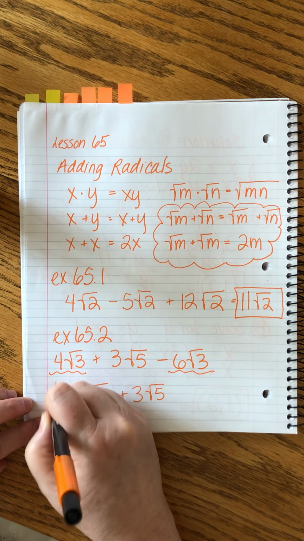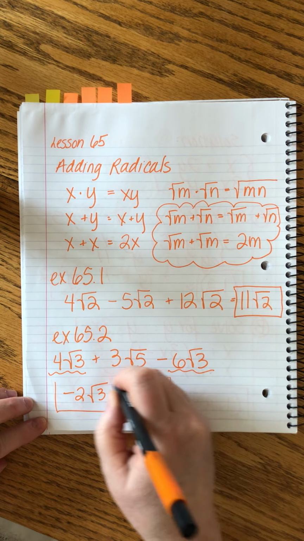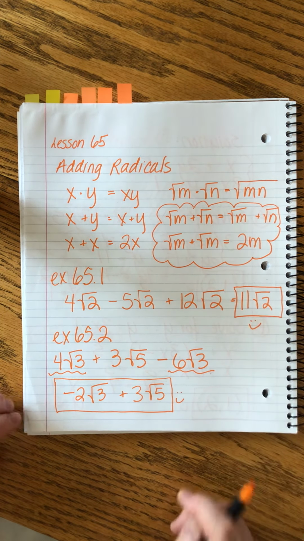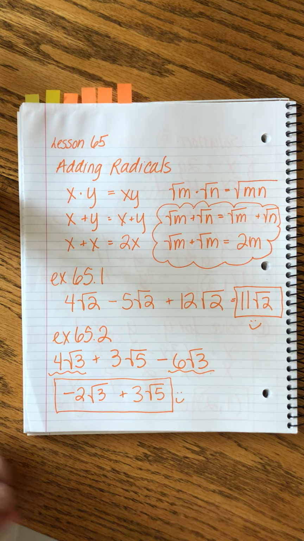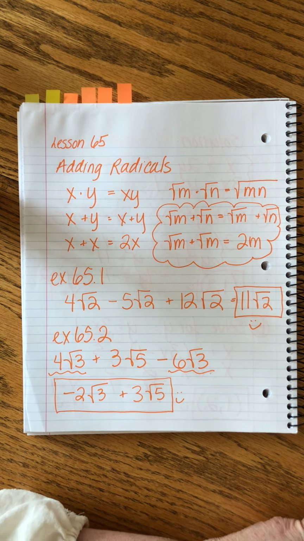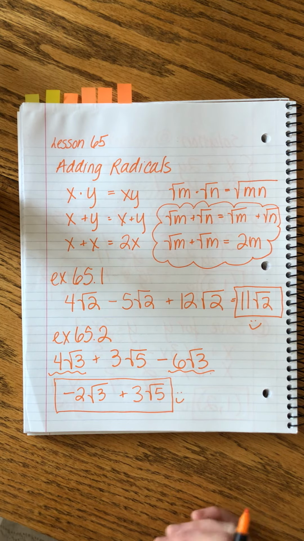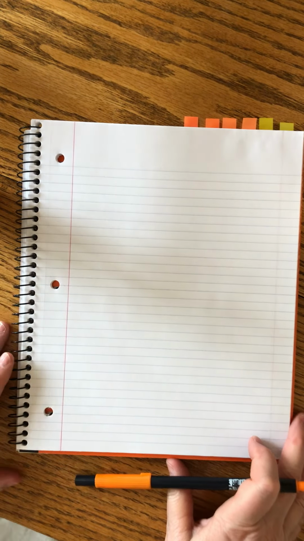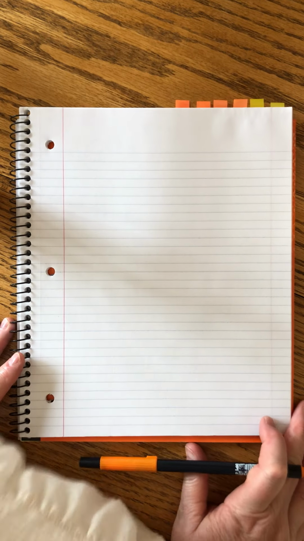And that is our final answer. Okay? I didn't smiley face him. Whew. Okay. We have 4 of these total. We're halfway done. But then we have another section to the lesson, so don't run away. 65.3.